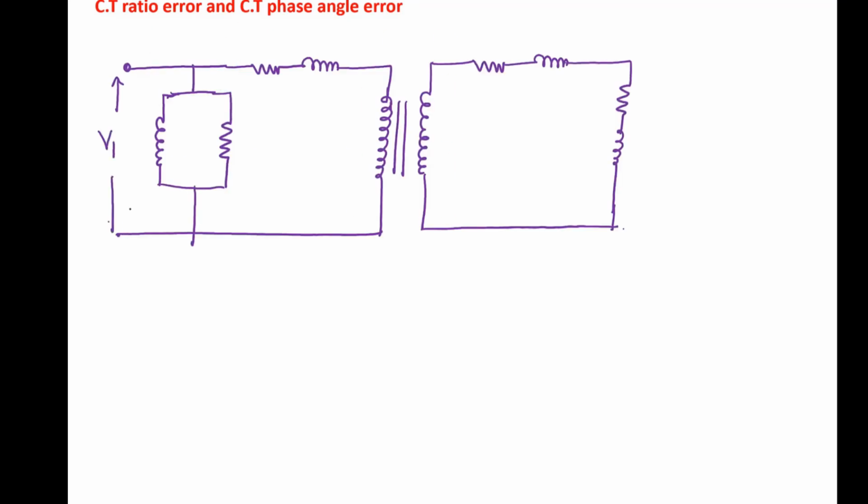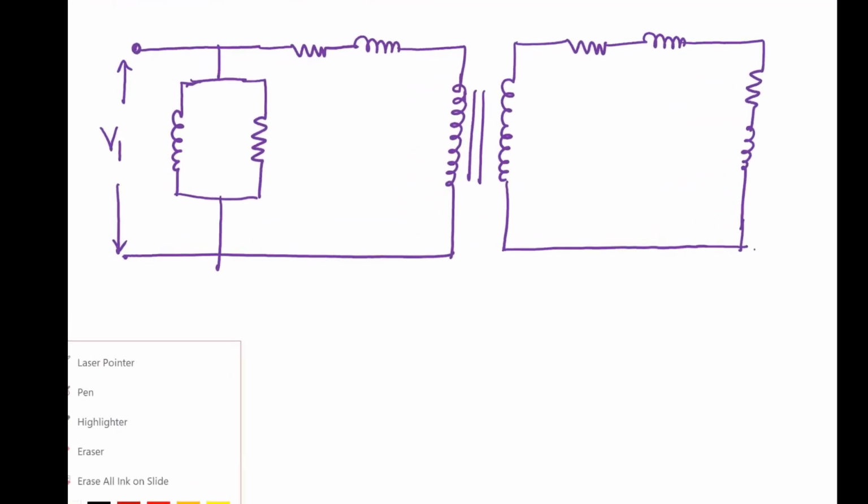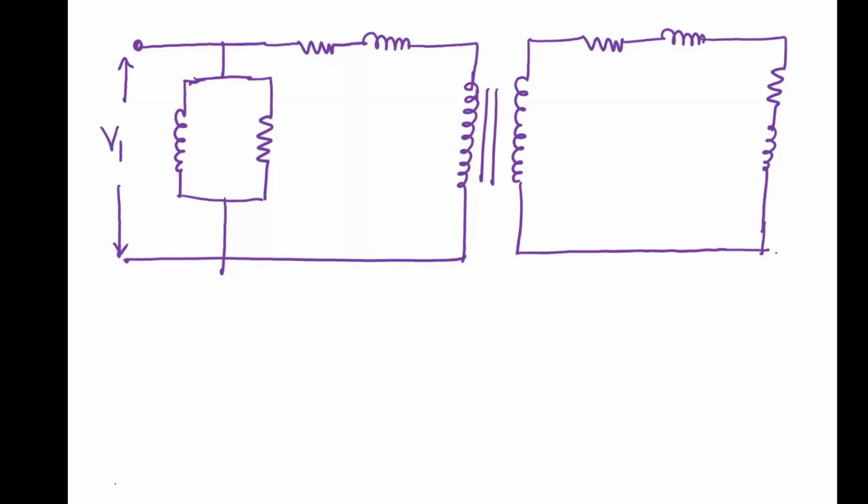let us put in red. Voltage is V1. The current that flows here is I1. This I1 is the sum of I0 and I1 dash. Similarly, this voltage is E1. Let the turns be N1 and N2. This voltage is E2.